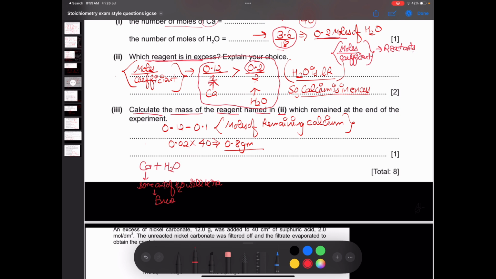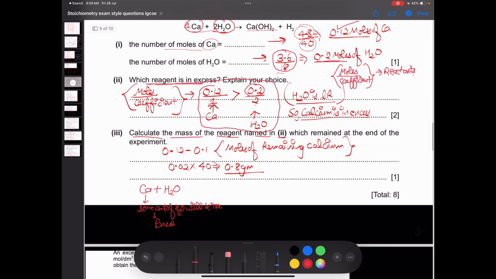Okay. Now, so how do we do this? We just see this ratio, that this was 0.12 moles for calcium, and what were the moles for H2O? 0.1.